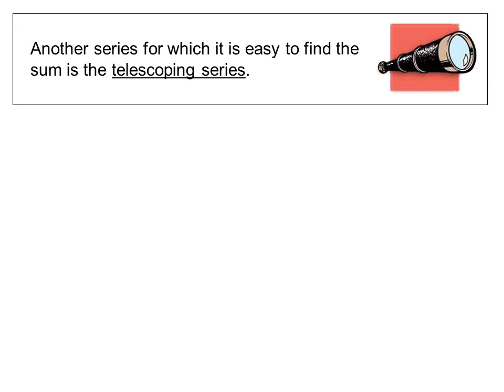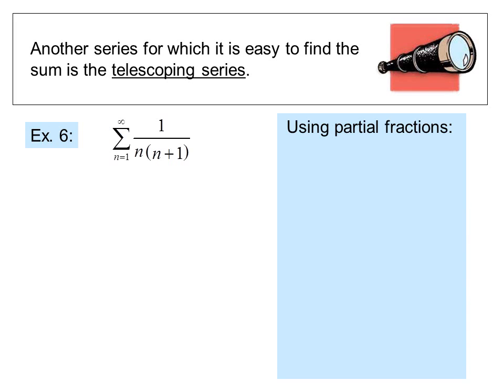Another series for which it is easy to find the sum is the telescoping series. For example, the summation as n goes from 1 to infinity of 1 over n times n plus 1. Using partial fractions, we have 1 over n times n plus 1 equals a over n plus b over n plus 1.